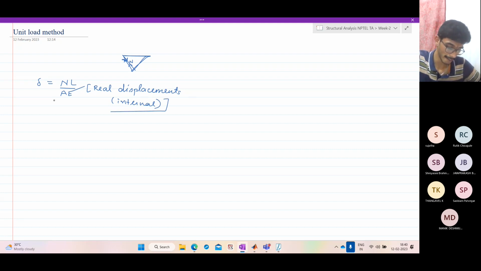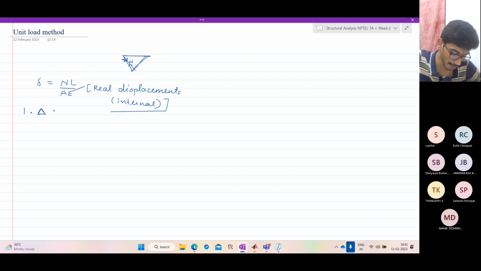Now, what is the procedure? Once you get this, what will be our principle of virtual work for trusses? You apply a virtual load of 1 wherever you want to find the displacement delta.